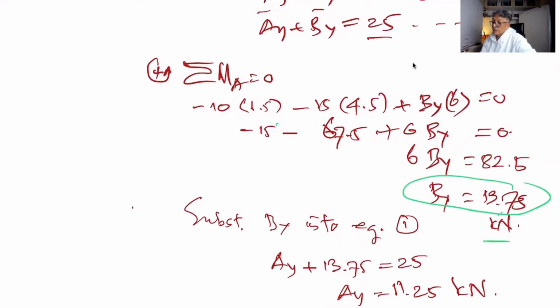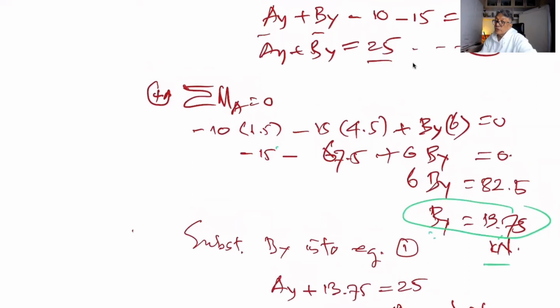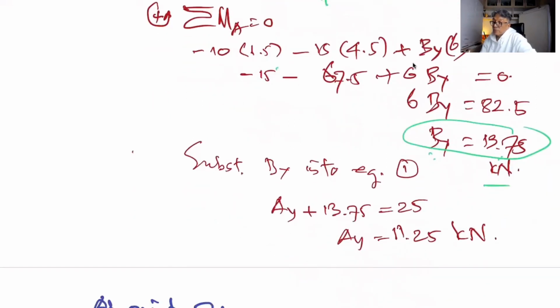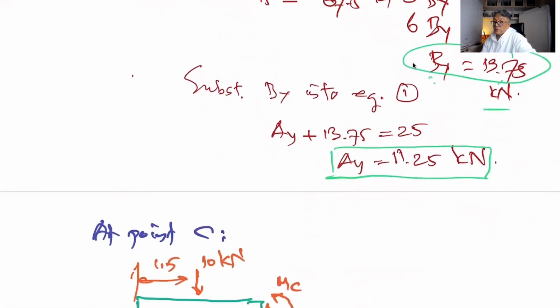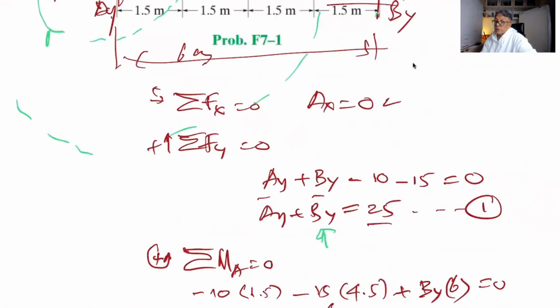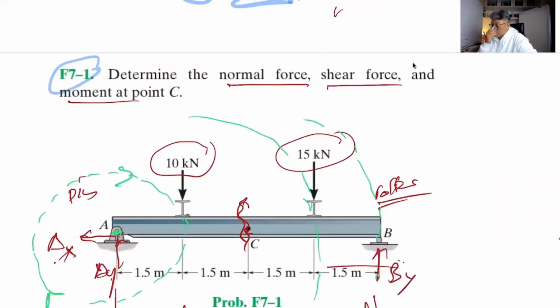And then substitute this BY in this equation right here. What do we have? AY plus 13.75 equal to 25. Then we get AY equal to 11.25. And then at point C, let's see again.